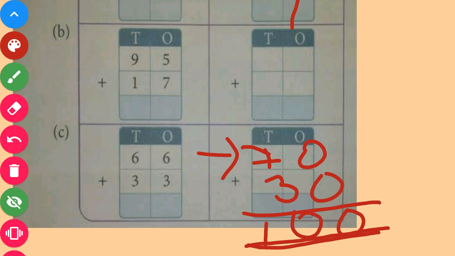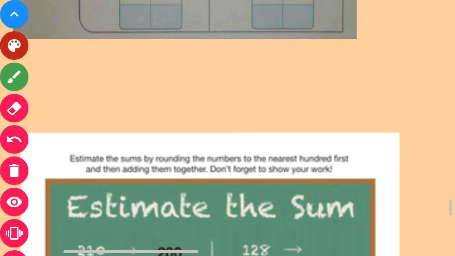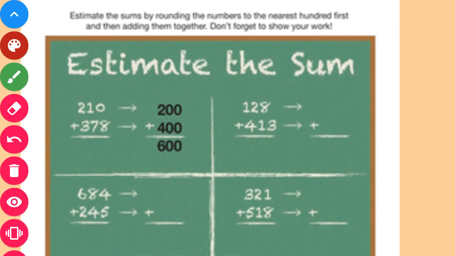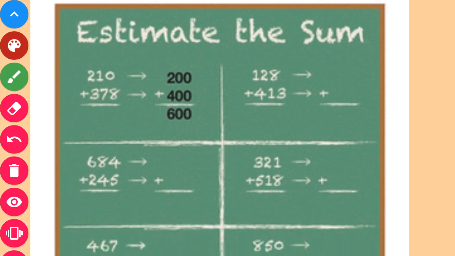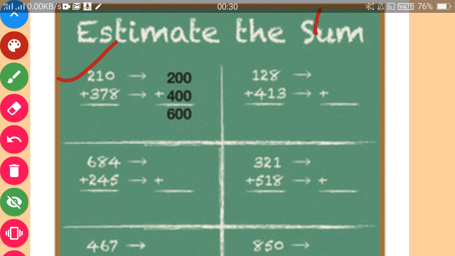Okay kids. Now let us understand one example of rounding off to the nearest 100. Look here. 210 plus 378. What do we have to do? We have to estimate the sum to the nearest 100.